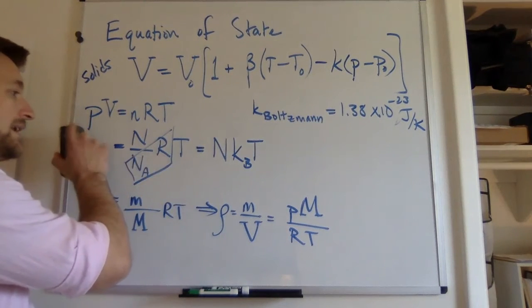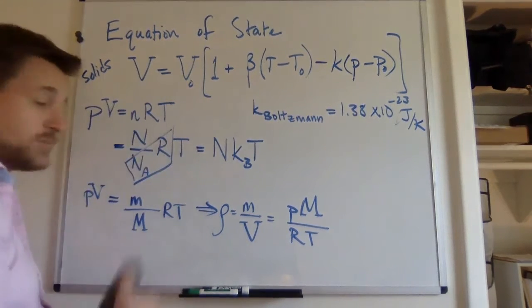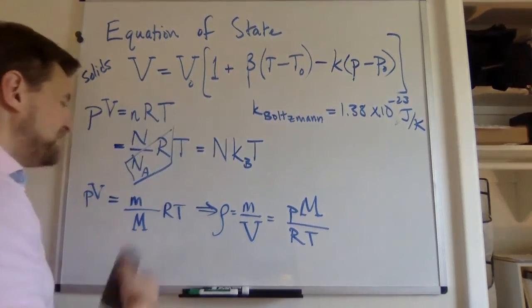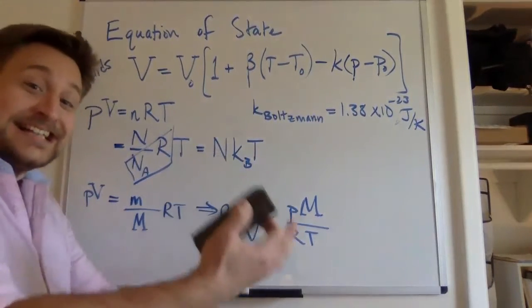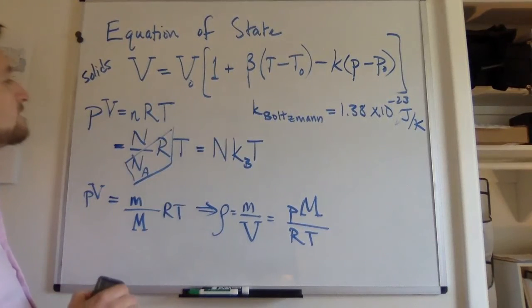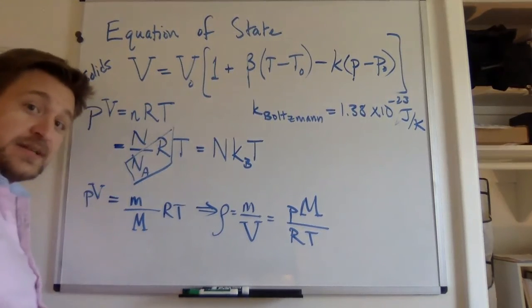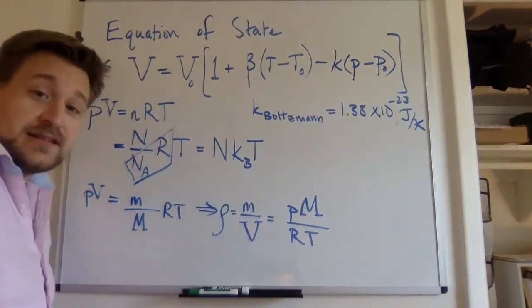The ideal gas law makes some approximations, some assumptions, which maybe is obvious because we're calling it the ideal gas law. Ideally, this is how things behave. Is it actually how things behave? Well, it depends.